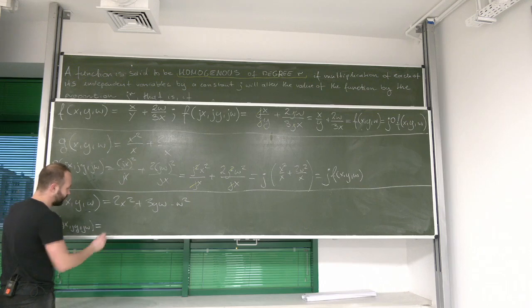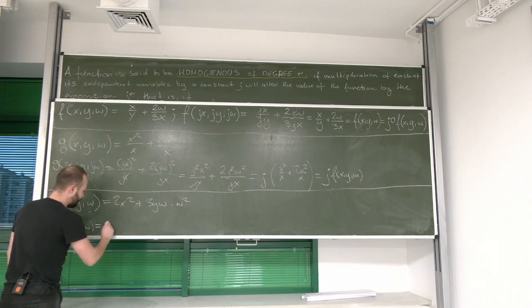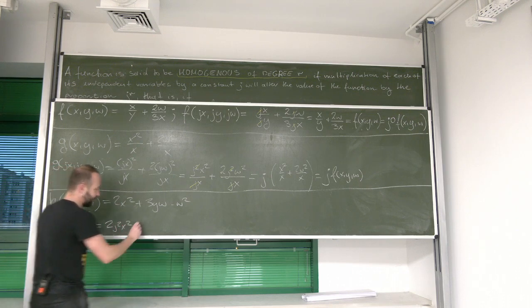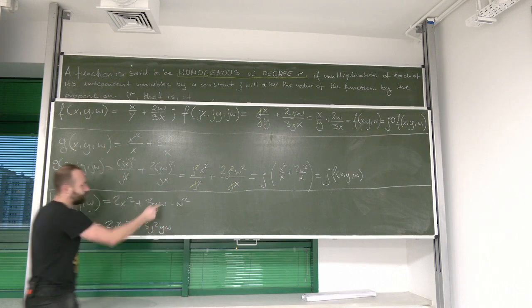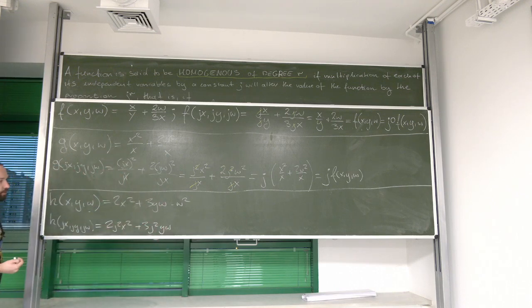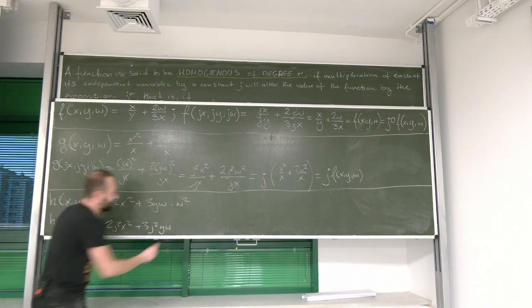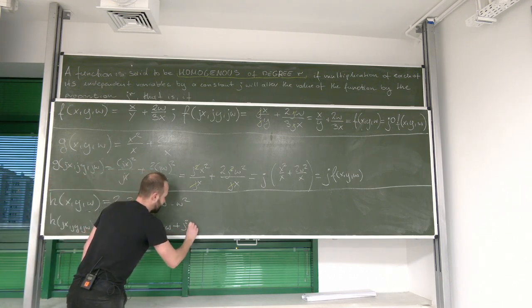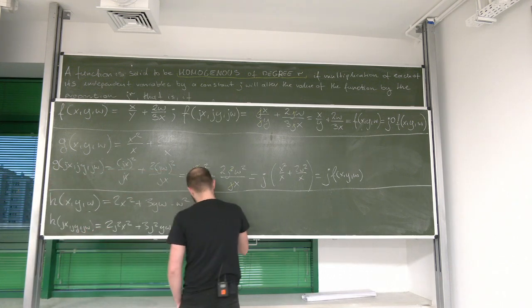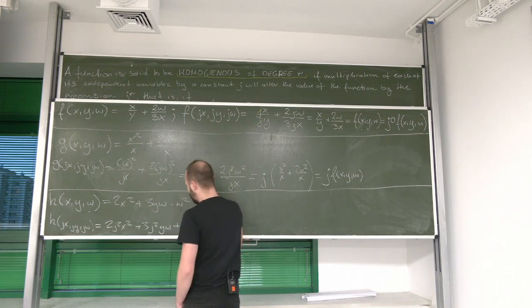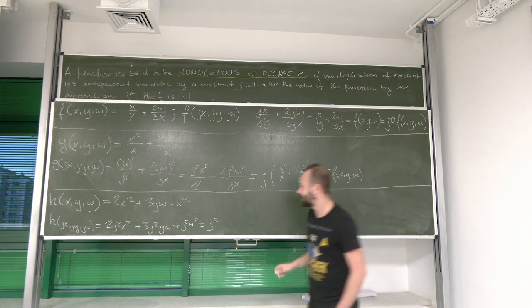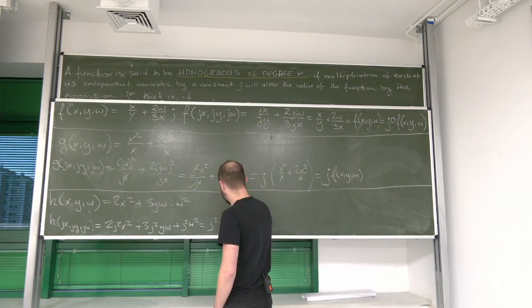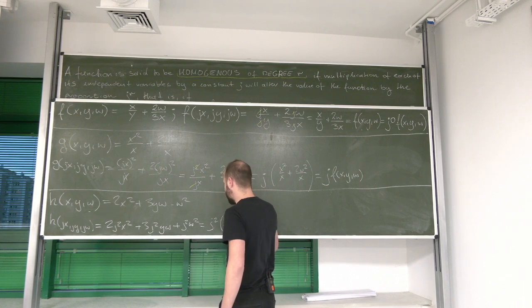And let's see what we get. From this one, we get 2j squared x squared plus 3j squared yw, one j from each of these letters, and finally minus j squared w squared, which gives us j squared, a common component in all the terms, times 2x squared plus 3yw minus w squared.